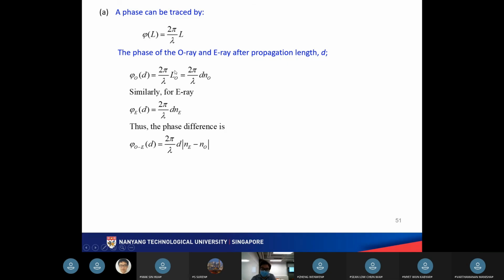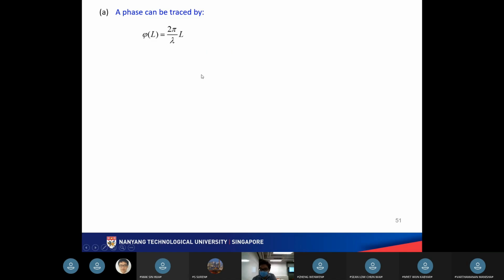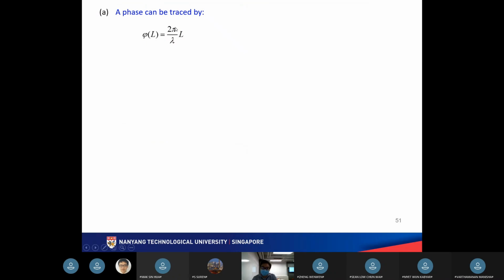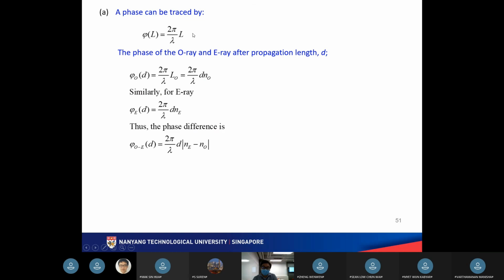For ordinary light, L is just equal to N_O times D, the ordinary index times the thickness, because the physical path is fixed at D. The same for ordinary and extraordinary light. The only difference is the refractive index. So we replace L by N_O times D for ordinary light and N_E times D for extraordinary light. Subtract them and you get exactly what this question asked for. Quite easy, right?